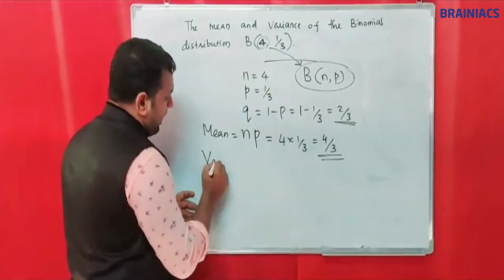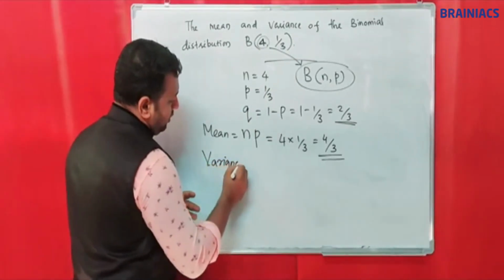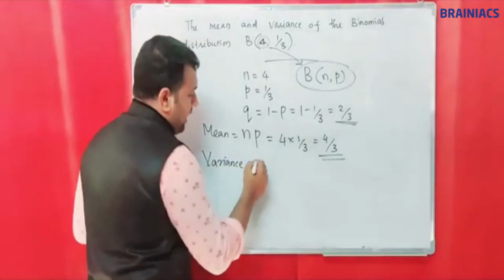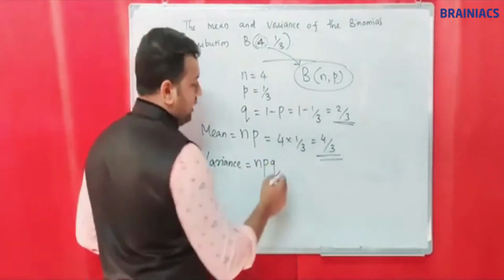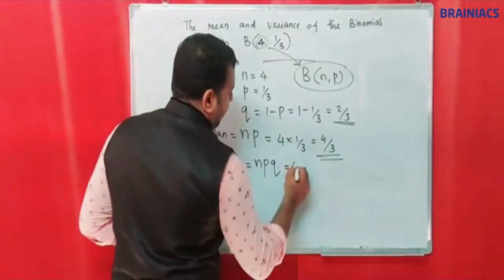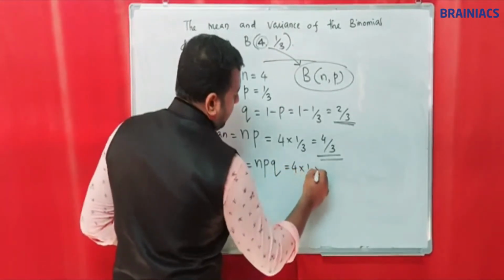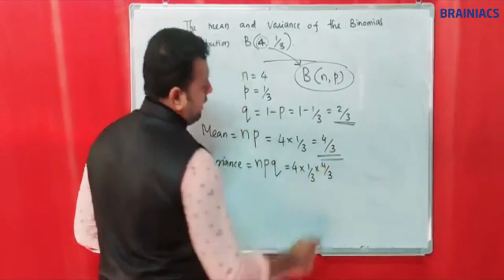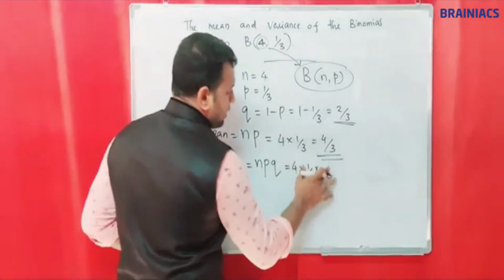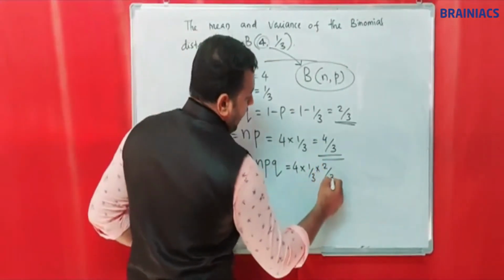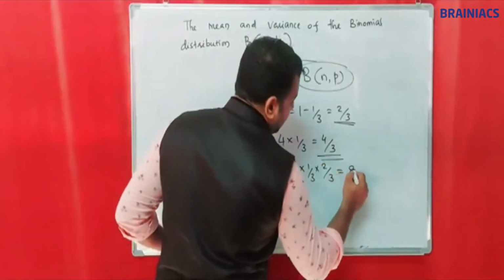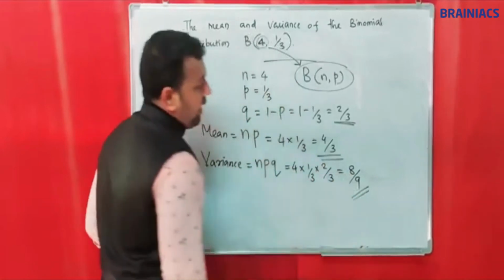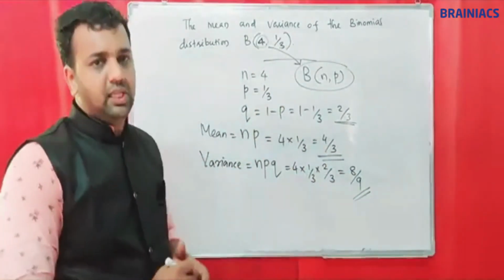And variance is equal to npq. Okay, npq is the variance. So the answer is n 4 into p 1 by 3 into q 2 by 3. So the answer will be 4 into 1 into 2, 8, 3 into 3, 9. 8 by 9 is variance here.